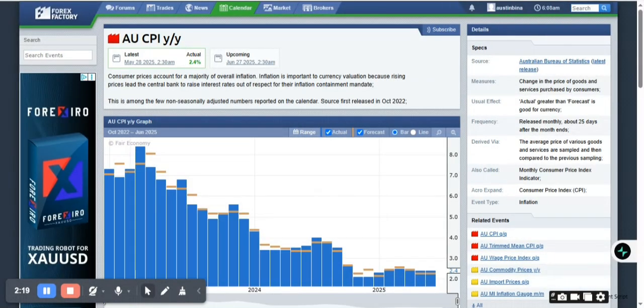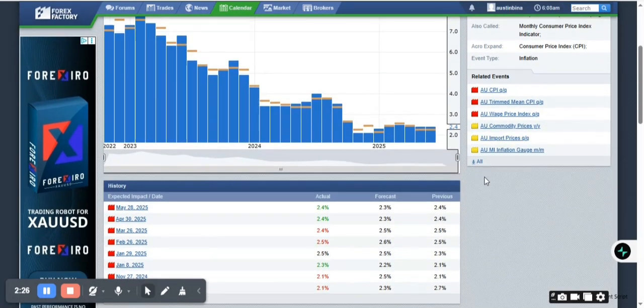So looking at their CPI right here, their consumer price index, the same thing, right? It came out positive, slightly above the forecast, and remains the same as that of last month, April, right? So this is also positive for AUD as well.